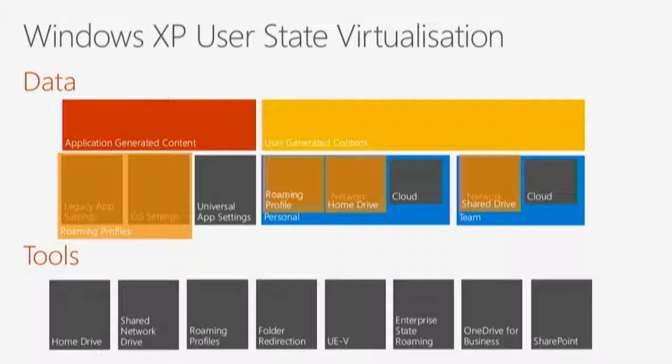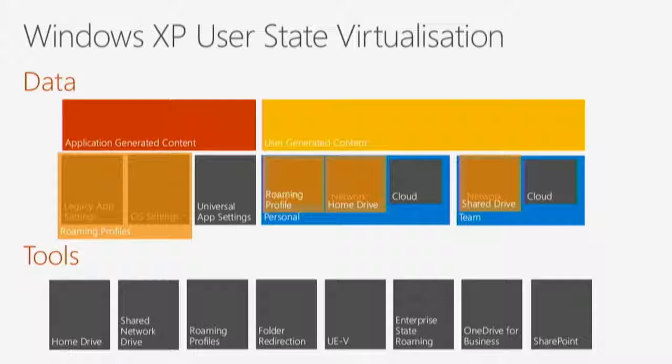If you're still using Windows roaming profiles, I'm really sorry for you. And I'm not going to get you to raise your hand. But some people might, and there might be very good reasons. But it's not really good for a modern operating system. But this might be what user state virtualization looks like for you: roaming profiles, home drives, and shared network drives.